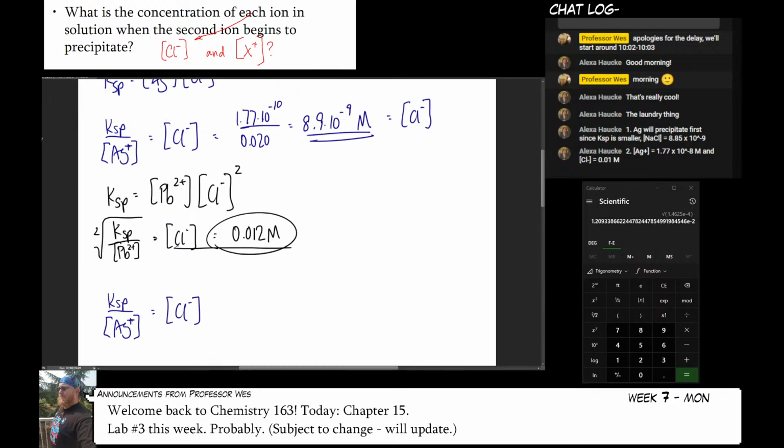And then I realized as soon as I did that, that this is not the expression that we're solving for, so I got to just switch these two, because we already know chloride. We don't need to know that. So, if I just take this number and put it right here, what was KSP for silver? 1.77 times 10 to the minus 10? Was it? Yeah.